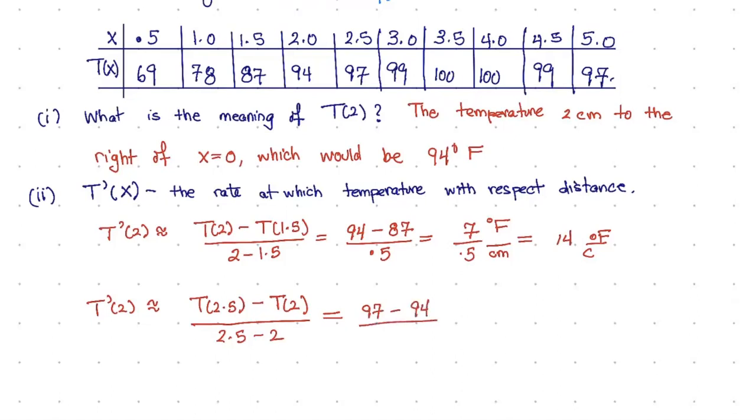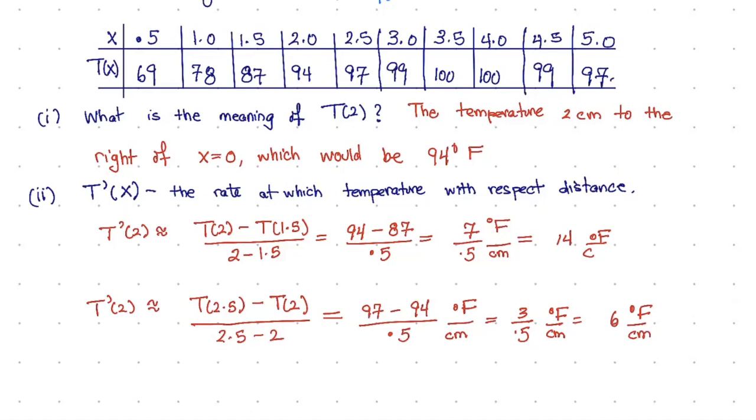All of this is divided by 0.5. Remembering that the numerator is in degrees Fahrenheit and the denominator is in centimeters, the end result is 3 over 0.5 degrees Fahrenheit per centimeter, or 6 degrees Fahrenheit per centimeter, as the approximate rate of change around 2.